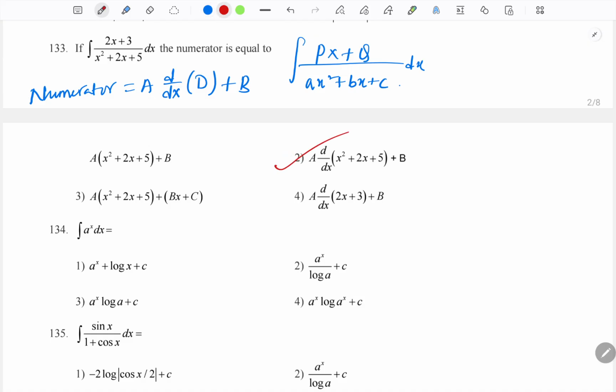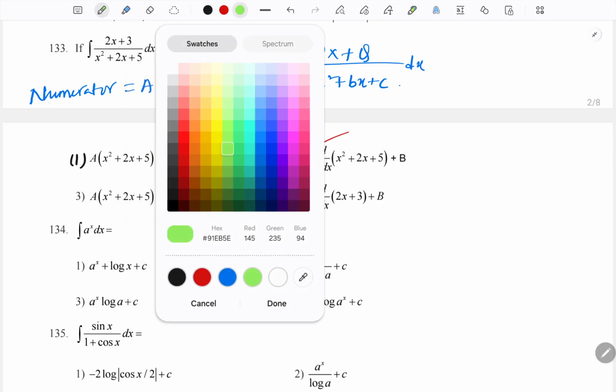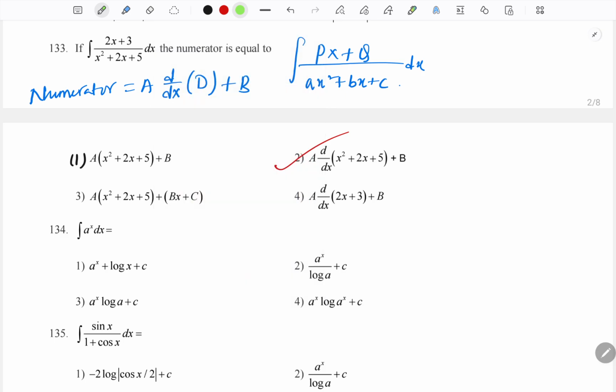Correct, right? Also students, if the question is given like this, the answer should be the same.